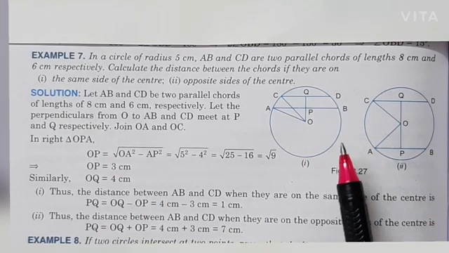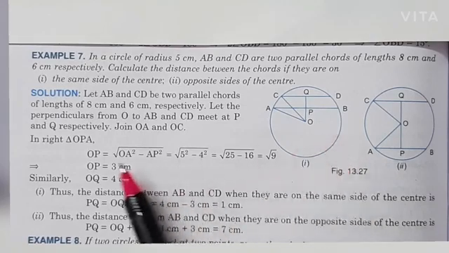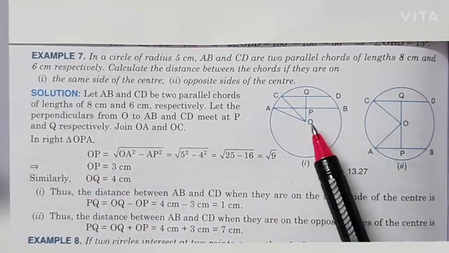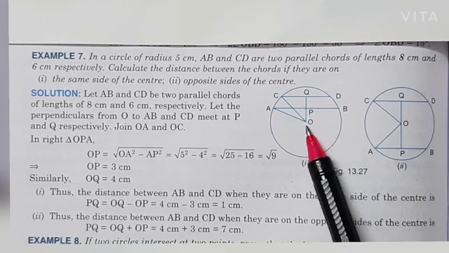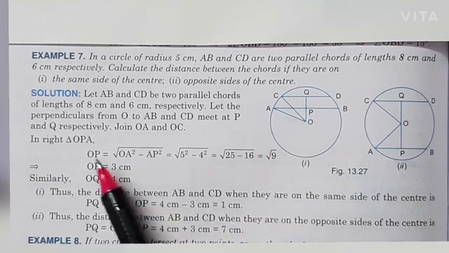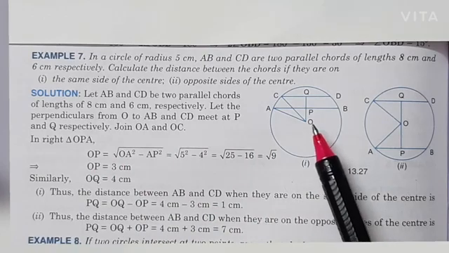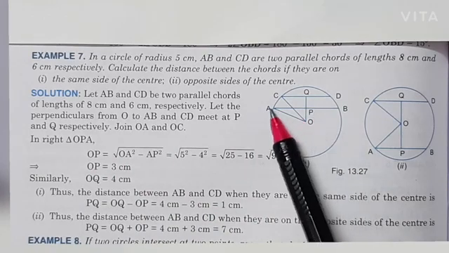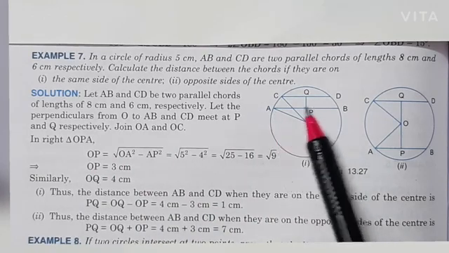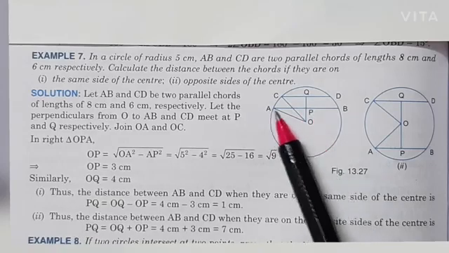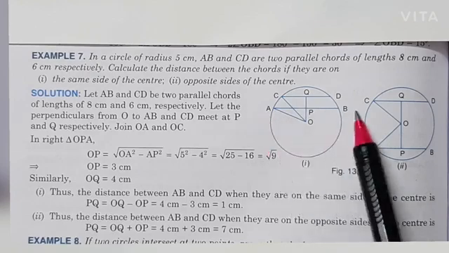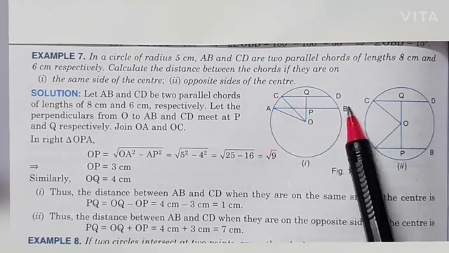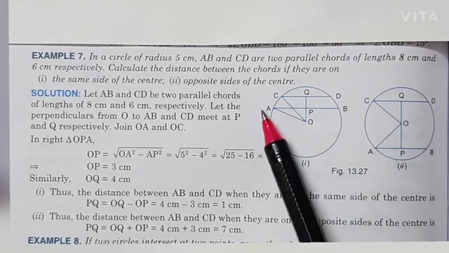Now students, let us find the value of OP in the first figure. Now you can see here in right angle triangle OPA, where OA is radius and AP is half of AB. Clear? So what is OA?